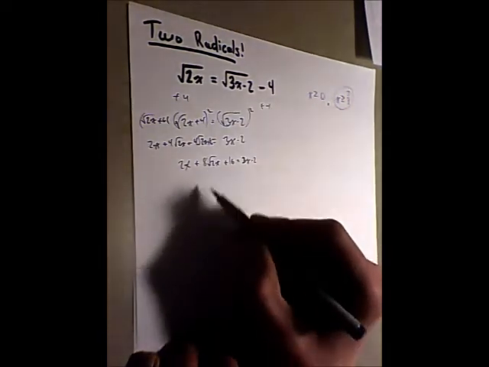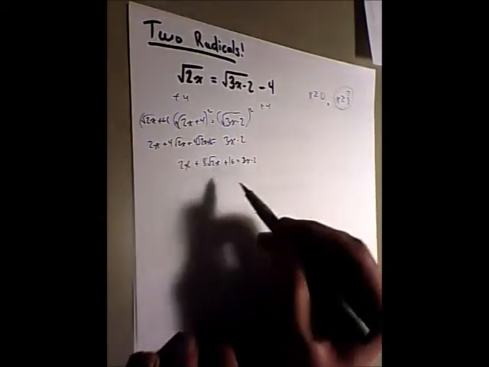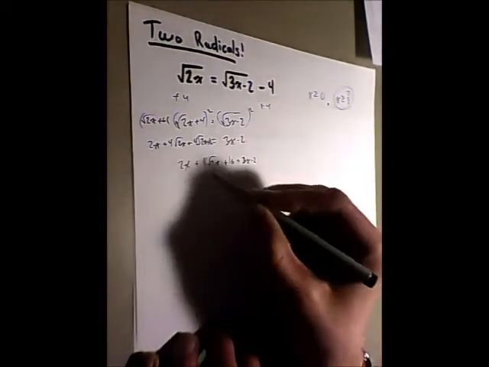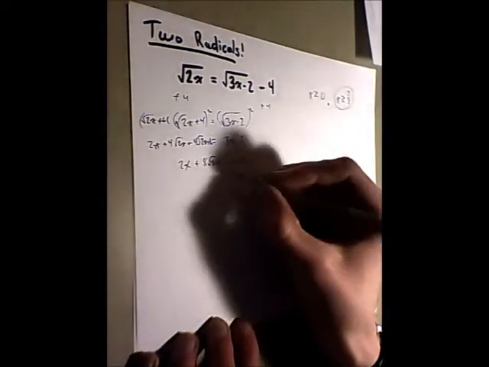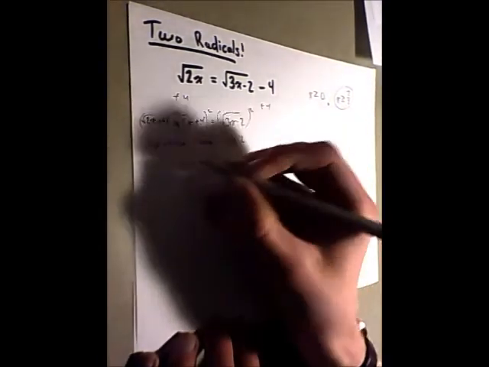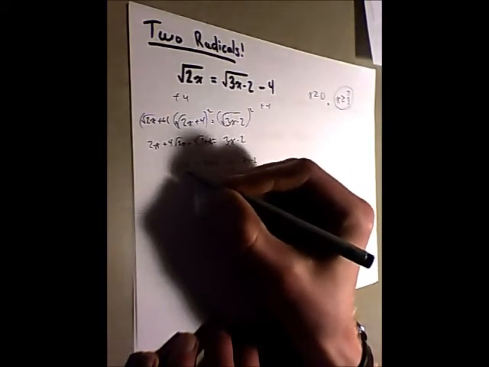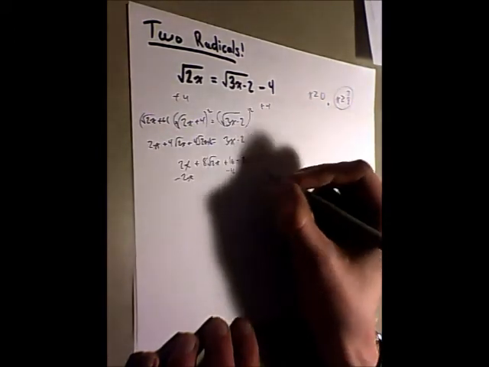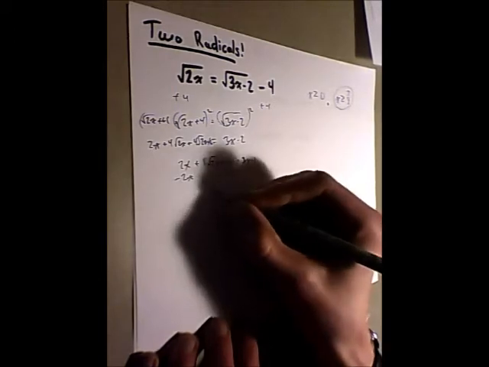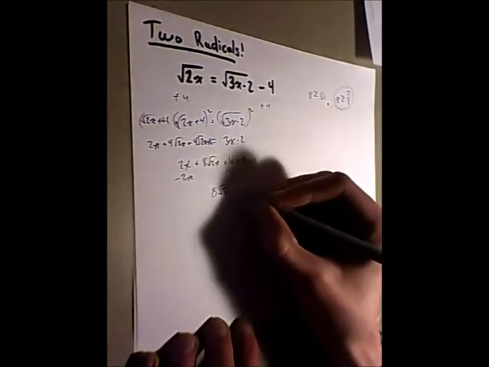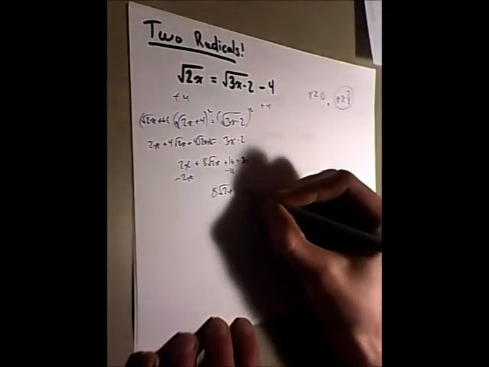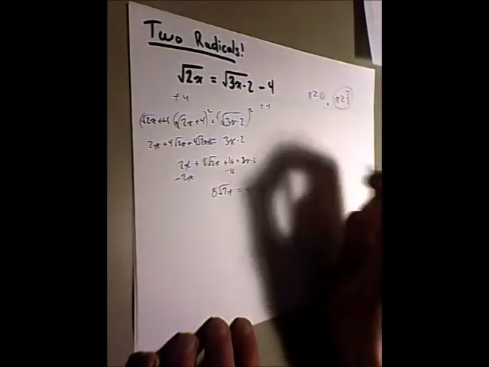Now we need to square it again to get rid of this radical, but it would be a lot easier to just bring everything over and try to isolate this radical as much as we can. So we'll take away 16, we'll take away 2x, and once we go through, we have 8 root 2x is equal to x minus 18.